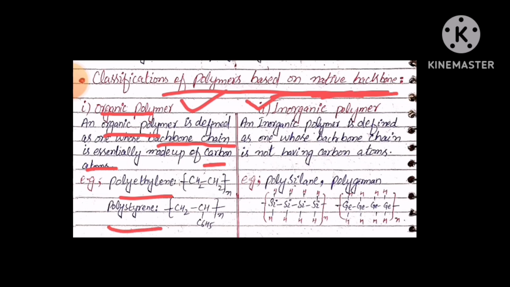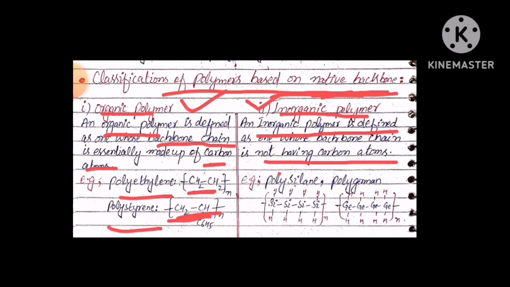In polyethylene, the chain is made up of carbon, and in polystyrene, the backbone chain is also made up of carbon. In the second class, an inorganic polymer is defined as one whose backbone chain does not have carbon atoms.